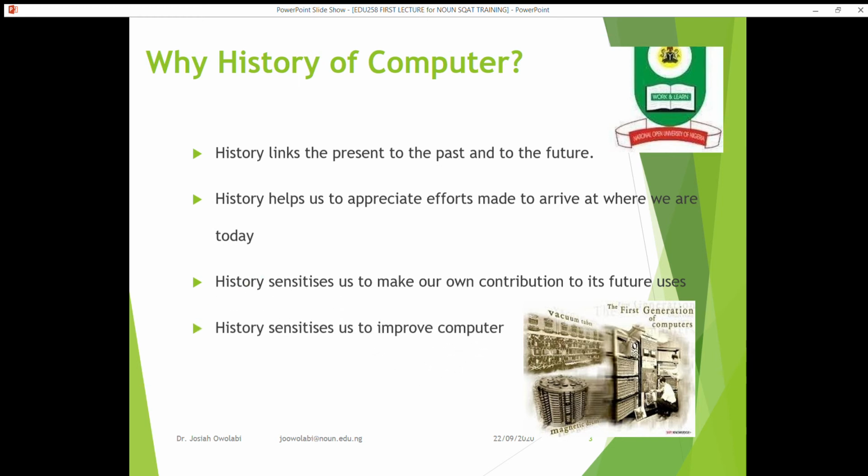So you see that history is key. History is a source of motivation for you to become one of the inventors today, tomorrow. So just as I said, history will sensitize you to contribute your quota in improving the technology for the betterment of humanity. So you see that history of computing is very, very key. It's very important.